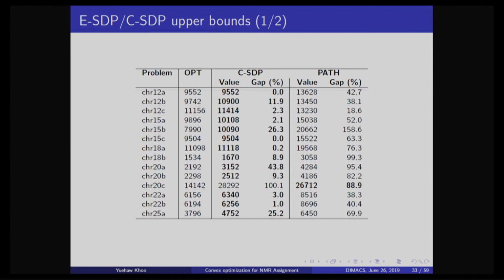Comparing with the non-convex optimization solver, they essentially relax the permutation matrix into a doubly stochastic matrix and solve the QAP problem as a quadratic problem over the set of doubly stochastic matrices. And we're getting a better upper bound than they do.